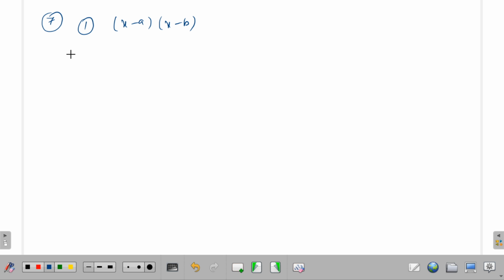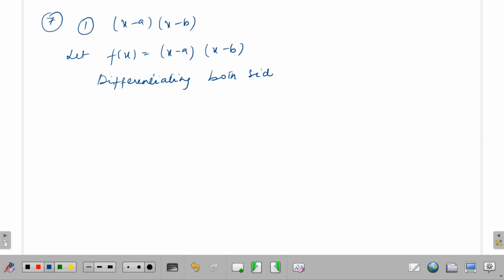Okay, so let me just say that let your f of x is equal to your x minus a and then your x minus b. So what can I do with the next step is, I'm just going to say differentiating, that is differentiation and derivative, they are same. So differentiating both sides with respect to x.